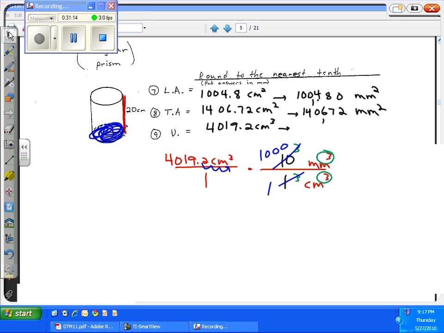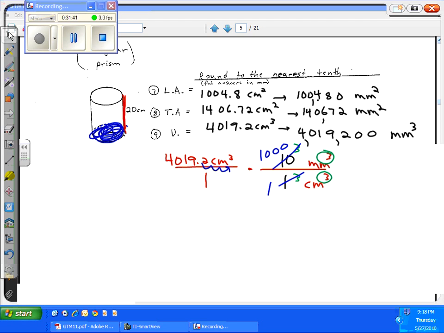So we would have 4019. Our decimal moves 3 more, 200. 4,019,200 cubic millimeters. Any questions on 7, 8, and 9?